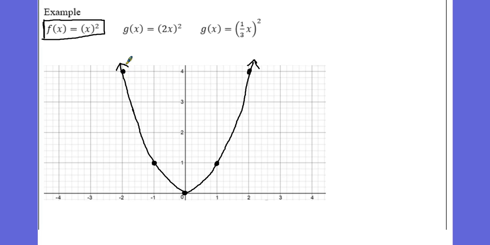So, how does this work? Because these numbers that we're working with, the 2 and the half, are in the parentheses with the x, they're going to have an action of horizontal movement. So they're either going to come in closer together towards the center, or they're going to stretch further away from the center.